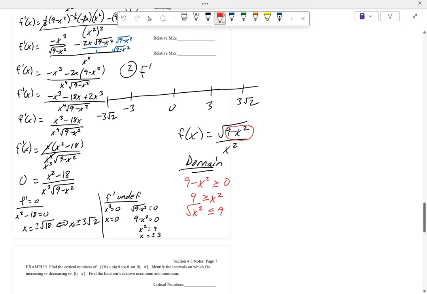If I square root both sides, now notice I have a less than or equal to. So technically that's the absolute value of x is less than or equal to 3. So in other words, I have to be between -3 and +3. The original function has got to be between -3 and +3. And x cannot be 0 either.